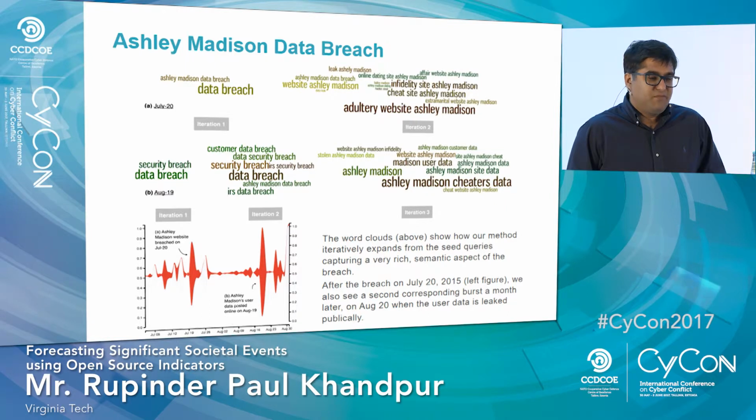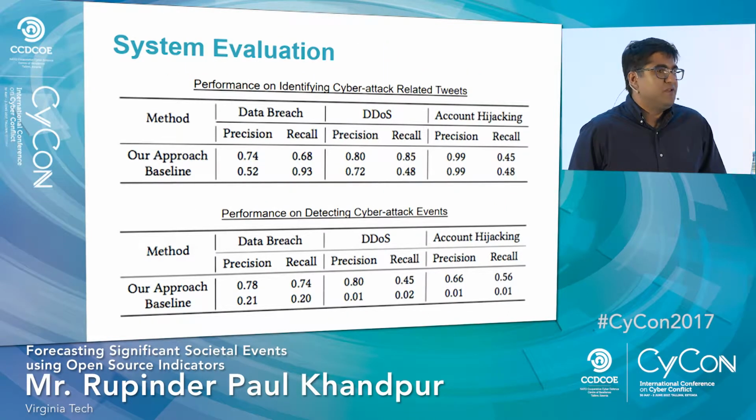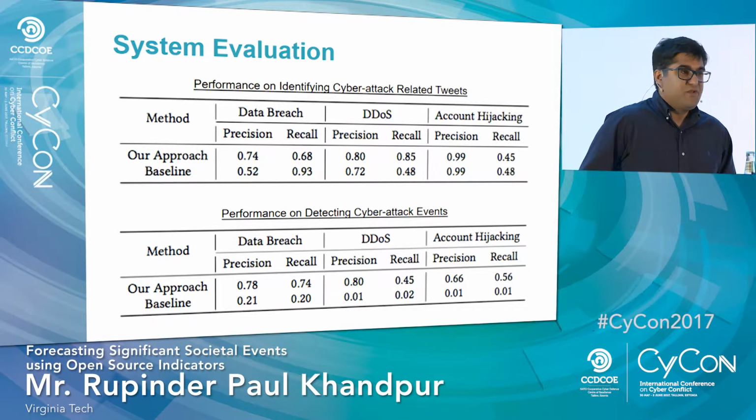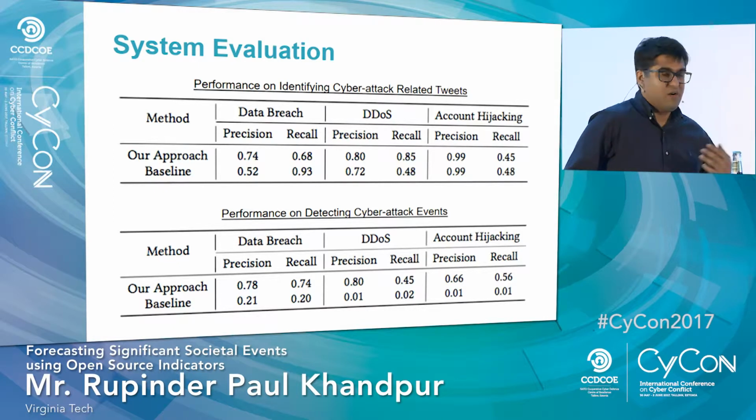So typical of all academic institutions, we believe in report cards, and every system that we build has its own report card. So our approach, the first table that you see is about how good we were in filtering and recognizing tweets which relate to cybersecurity events.